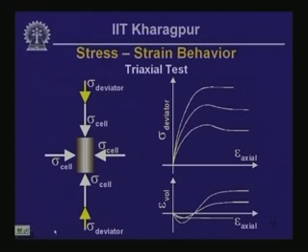And what we are going to do is to estimate the sigma 1 value or the major principal stress value in each one of these tests and the minor principal stress value in each one of these tests, noticing that the horizontal and the vertical surfaces in this case are free from any shear stress.